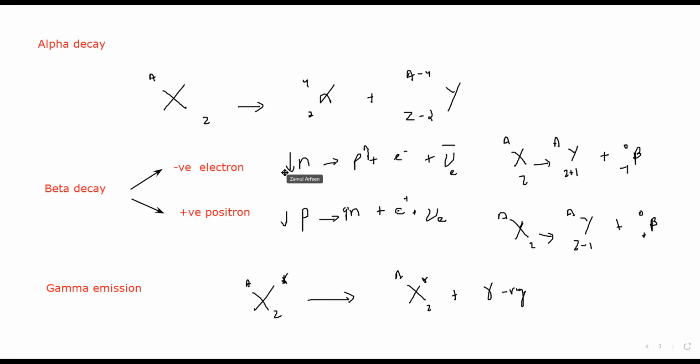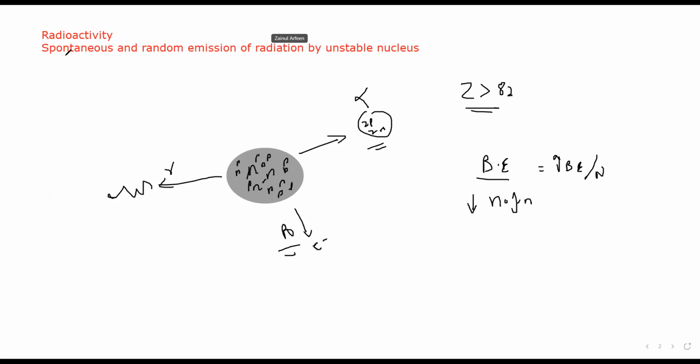And when we say radioactivity is spontaneous and random, spontaneous means no external conditions can affect this change. And random means there is no order.